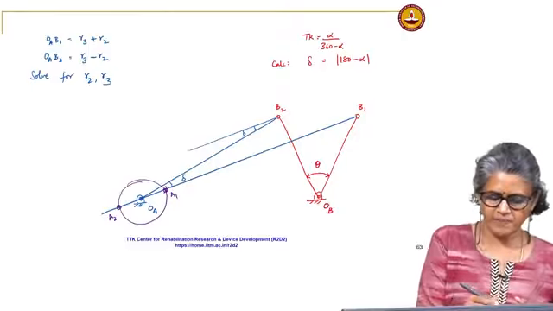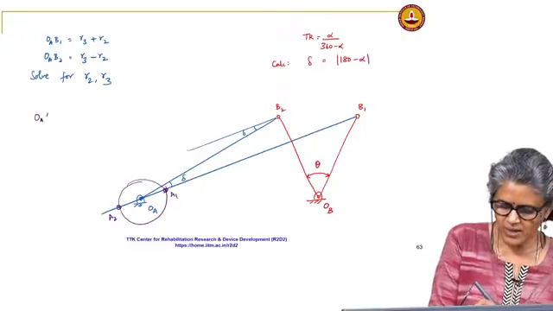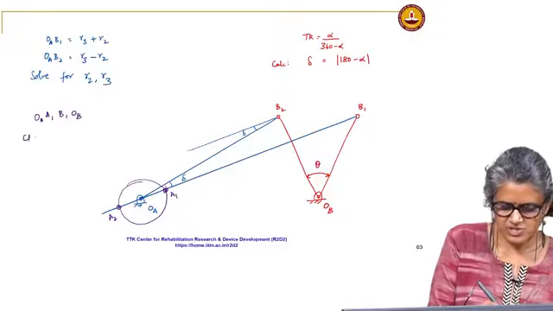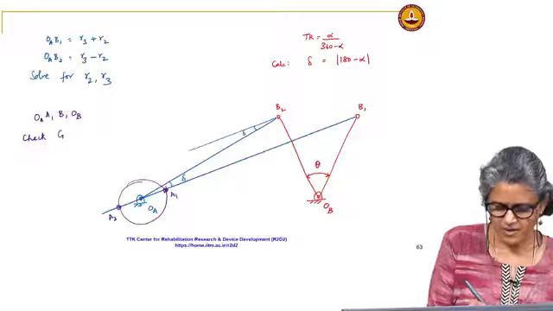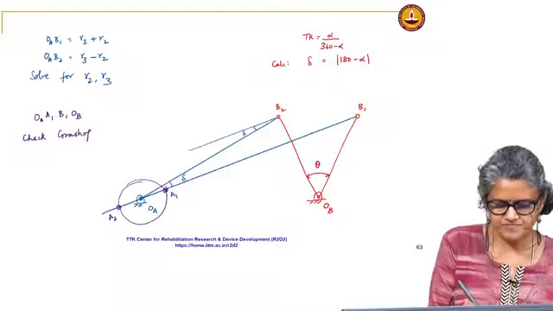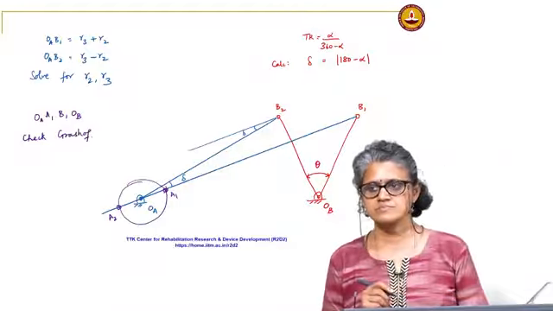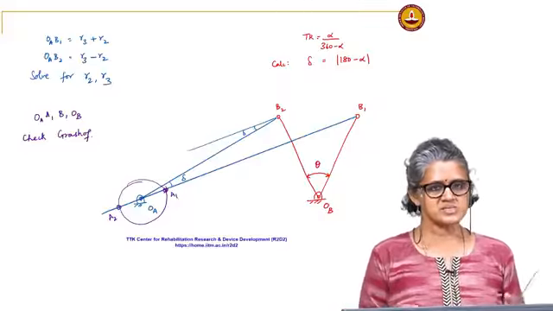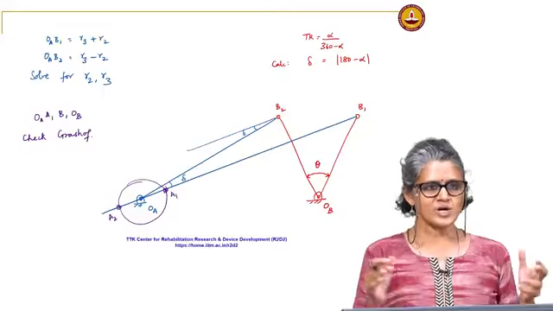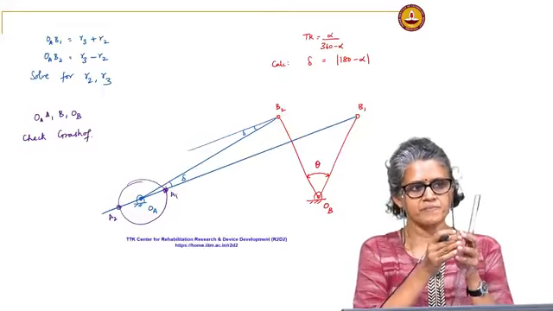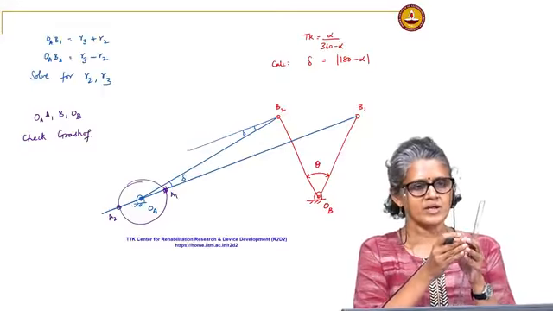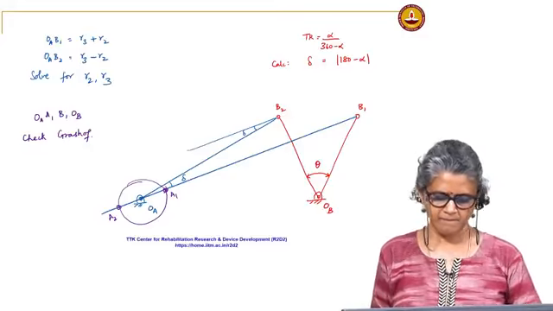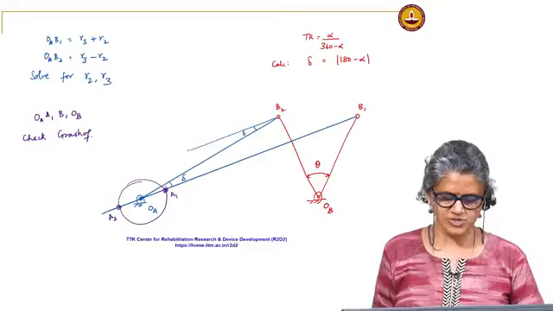Now, again my mechanism is OA, A1, B1, OB. Check Grashof. The other thing about this kind of a mechanism is it does not matter what scale I choose initially.